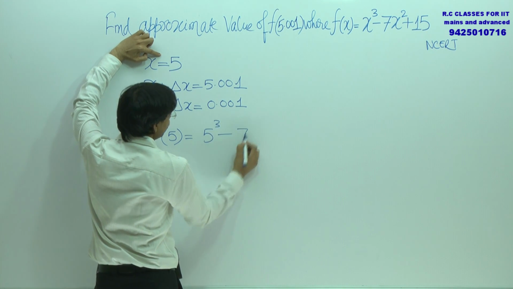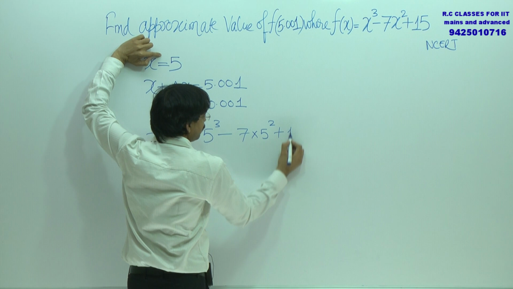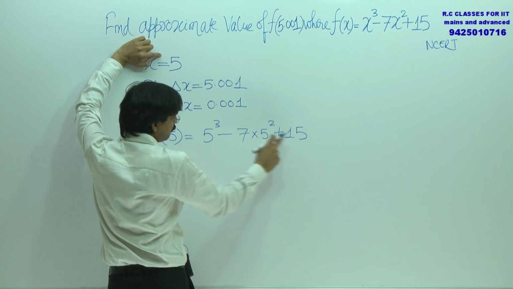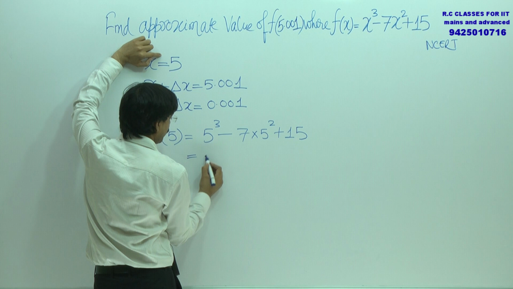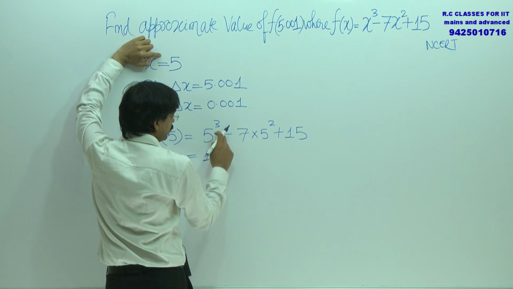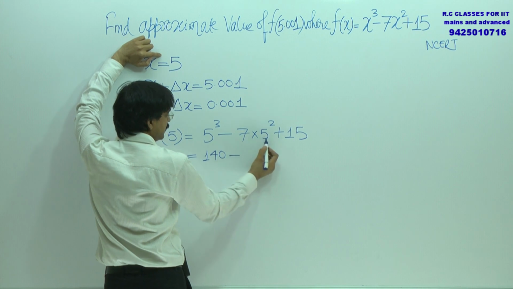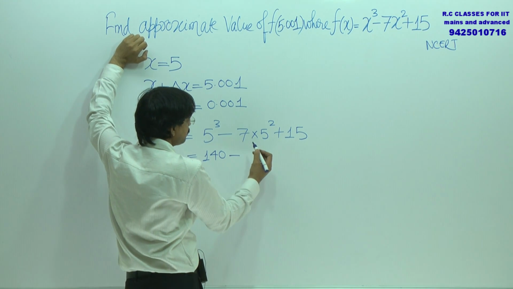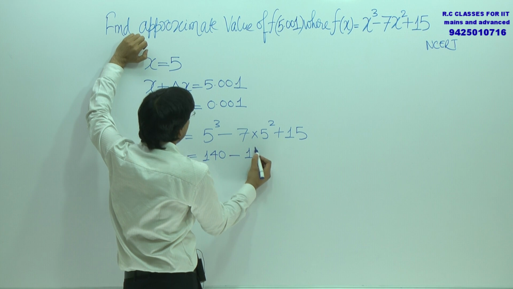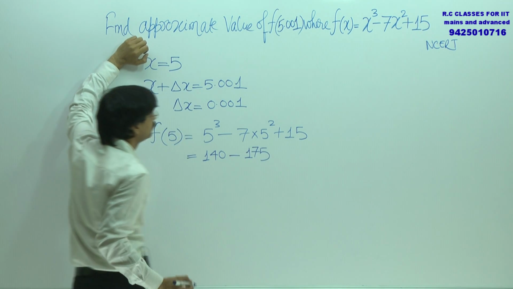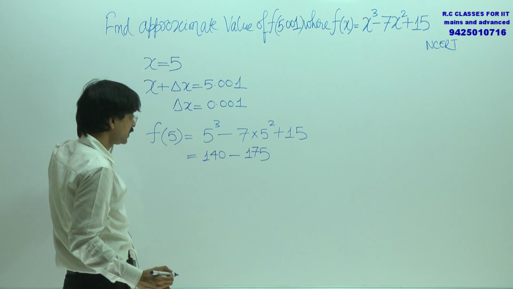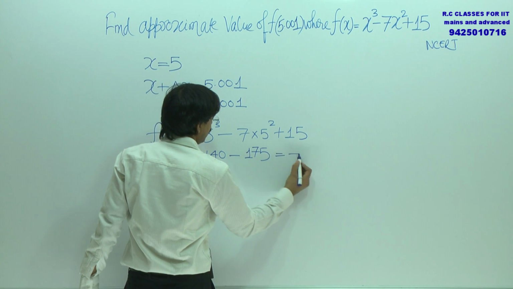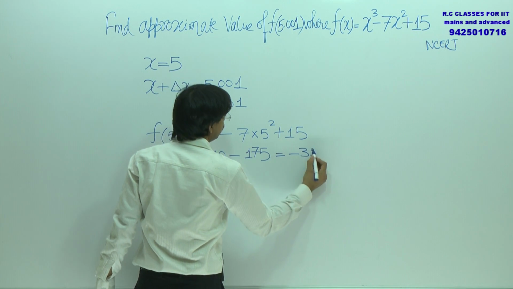It is 5 cube minus 7 into 5 square plus 15, that is 125 plus 15 minus 25 into 7. 125 plus 15 is 140, and 25 into 7 is 175. What is that value coming as? That is f of 5, minus of 35.